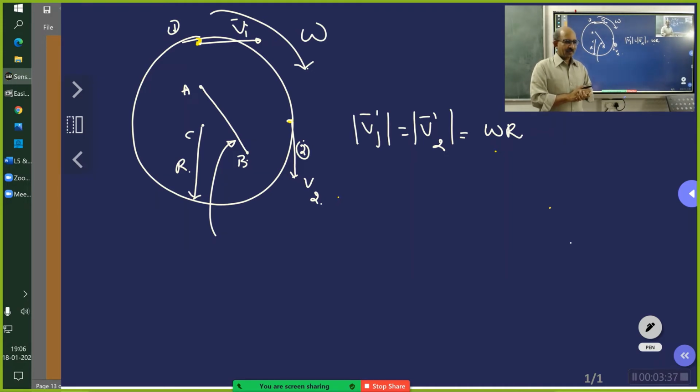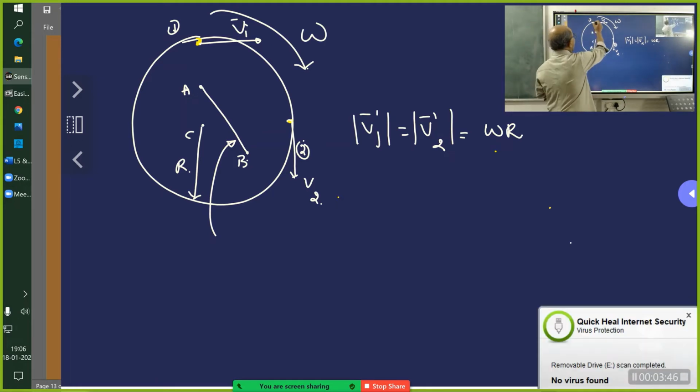Sir, any linear dimension on the body will undergo the same angular displacement in the same time. Excellent. So take particle 1: it starts here at time t1, and then comes back to this position at time t1 plus t.